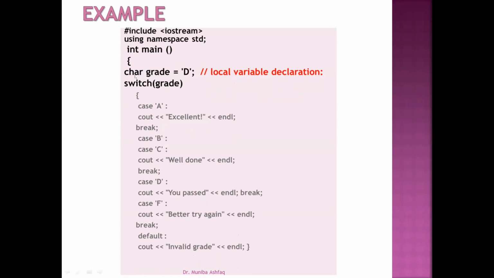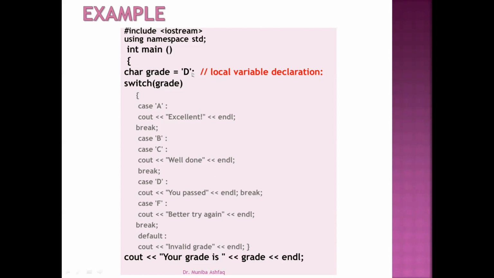As its data type is character, we have assigned here the value 'D', the character value D. You have two options: you can hard code the value, or you can prompt the user to enter the value for the grade. Whatever he enters would be assigned to grade automatically, and then you are going to check the value of the grade within this switch statement. But here, for simplicity, we just assign D to this grade variable.